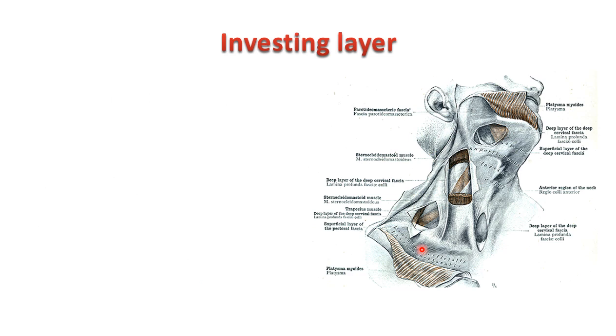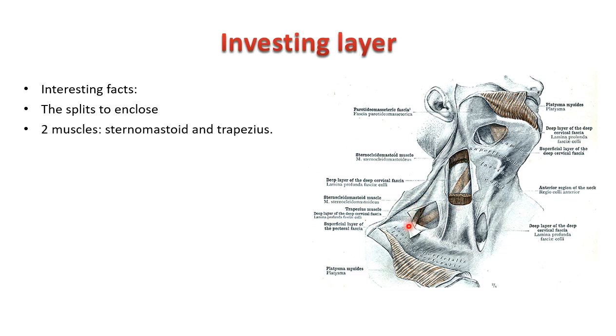If you compile all the facts about the investing layer of the deep cervical fascia, you find something interesting. It is actually called the fascia of twos because everything is two. It splits to enclose two muscles, one the sternocleidomastoid and the other the trapezius muscle.